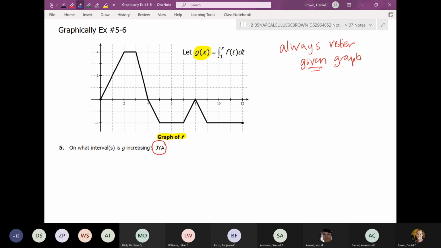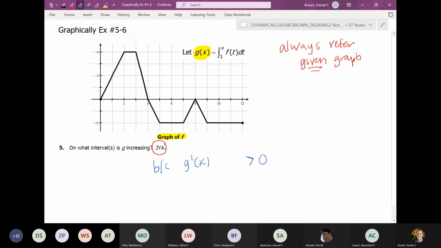If you remember from first semester, I like writing out my justifications first and then finding the intervals. So for number 5, it says on what intervals is g increasing? Well, we know that g would be increasing if g prime of x was greater than 0. But I don't have the graph of g prime, but I do know what g is.